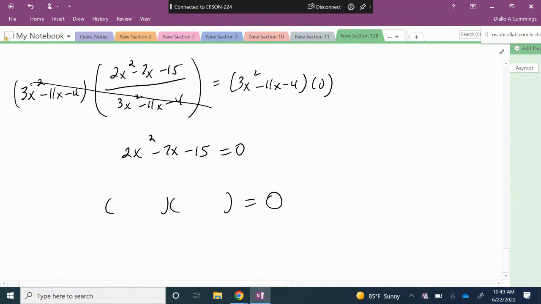Keep in mind, whatever we put in as our first terms, we must be able to multiply to get the first term in our trinomial. So we have 2x and x, because the only way you can get a 2 is 1 times 2.